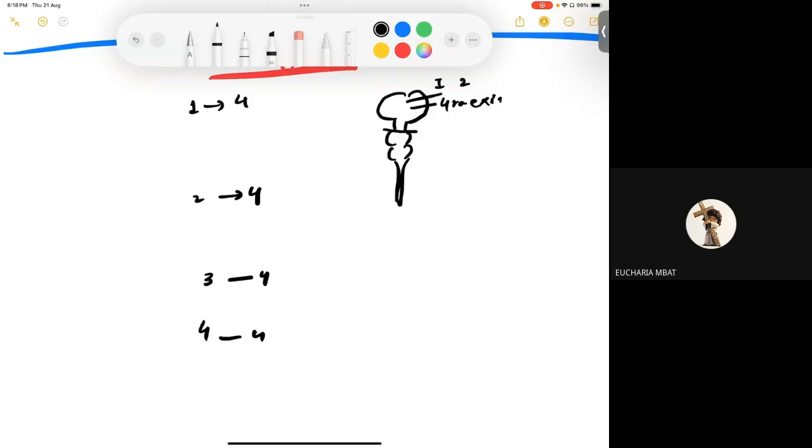Cranial nerve 1 is the olfactory nerve and cranial nerve 2 is the optic nerve. So the olfactory and optic nerves come from your cerebrum. We are going to discuss it in detail.